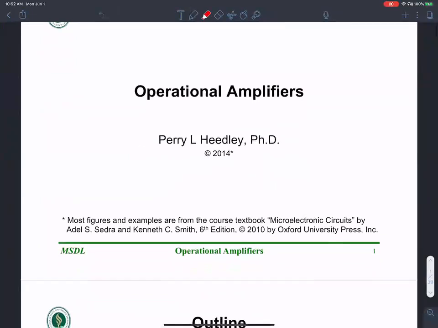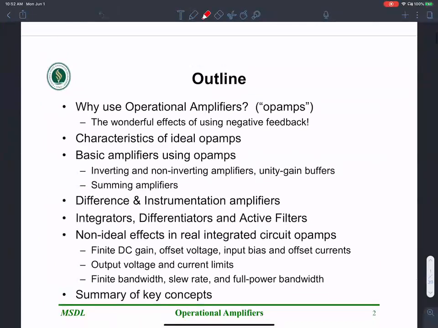Operational amplifiers are a fundamental building block in many applications. You can build filters, summing circuits, amplifiers, and many kinds of integrators and differentiators using op-amps, a basic building block of many analog circuits.